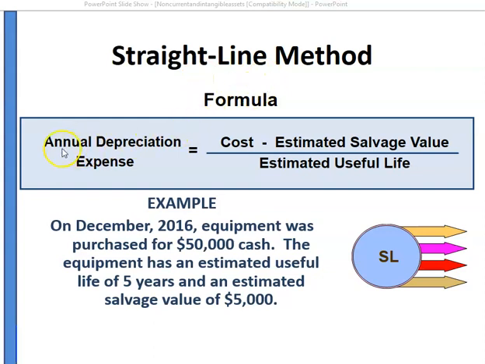So we say that annual depreciation expense, the amount that's going to be expensed on the income statement, is equal to the cost of the item minus the estimated salvage value. So a building is not going to probably have a salvage value. If you paid $130,000 for it, it's not going to have a salvage value of $10,000. And that's why I kind of said briefly that a building may not be a very good example. But we're going to use it anyway, because the $130,000 could be for a piece of expensive machinery or whatever.